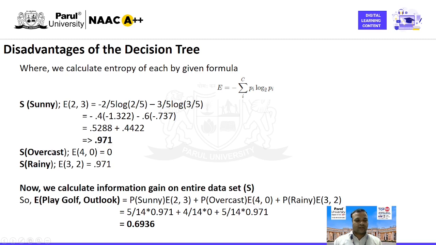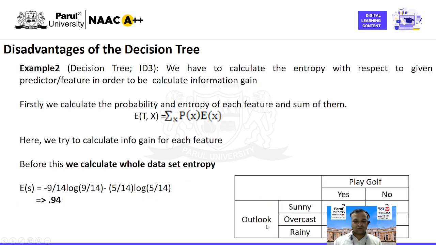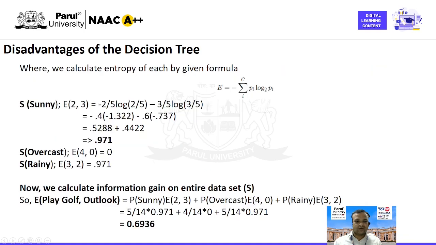For the overcast condition of the outlook feature, how many say yes? 4. And how many say no? 0. So we will calculate for yes only. The total will be 4.